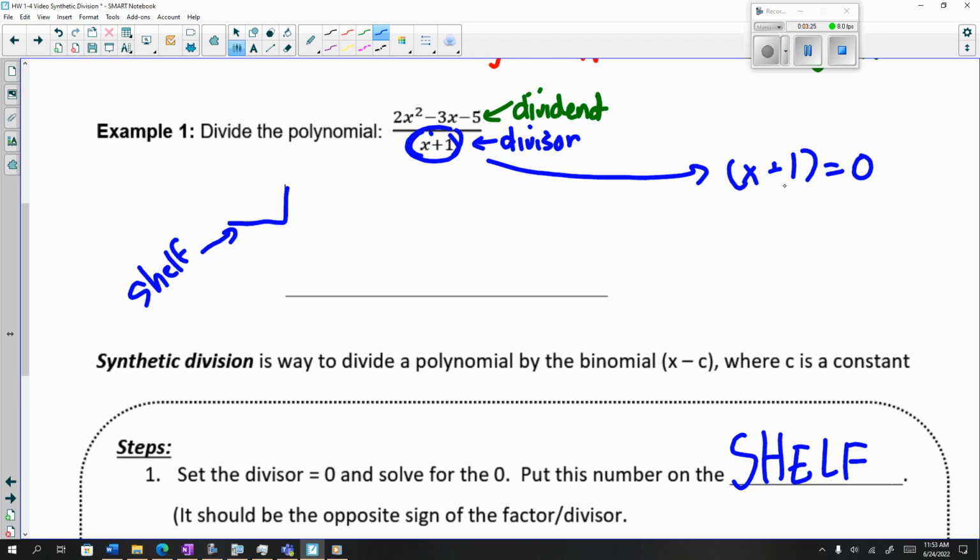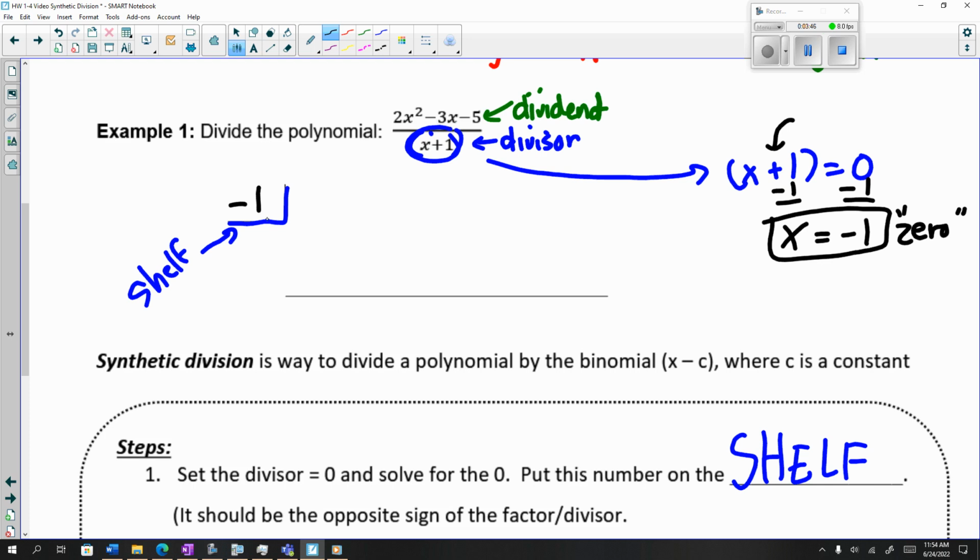All right? So when we solve for x, the value we get is going to be the opposite sign of what was in the factor. So if the factor says x plus 1, the root or the 0, I call it a 0, is going to be the opposite sign, which is negative 1. So we're going to put it on the shelf.